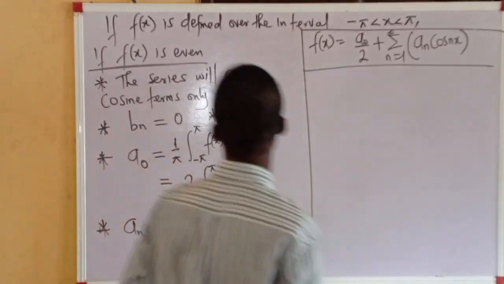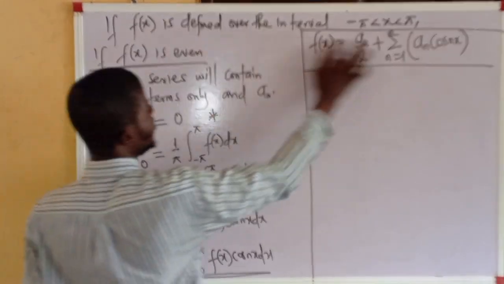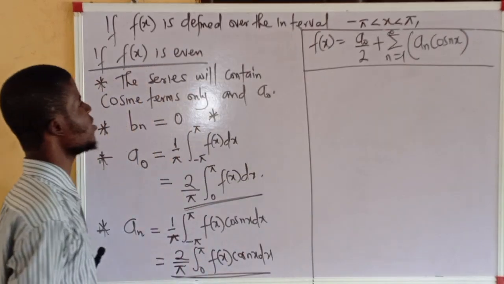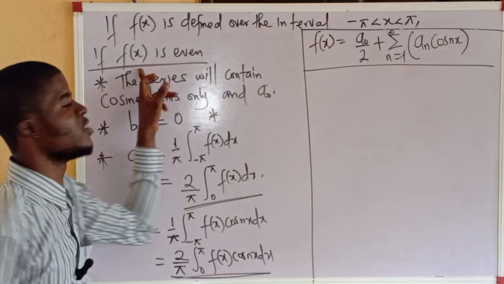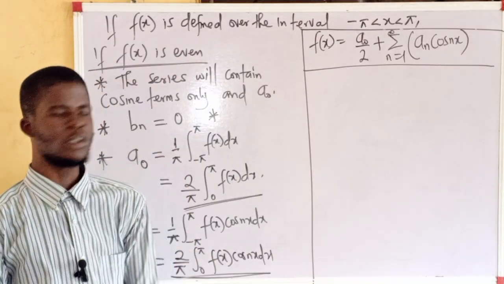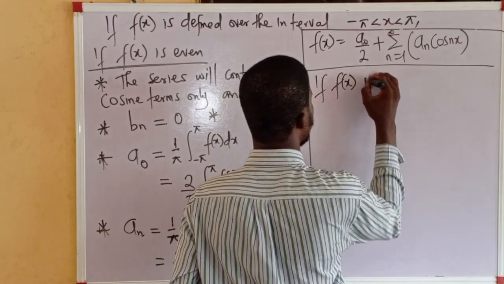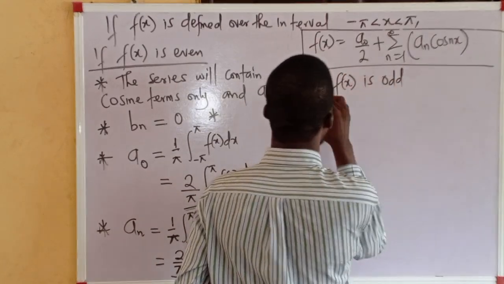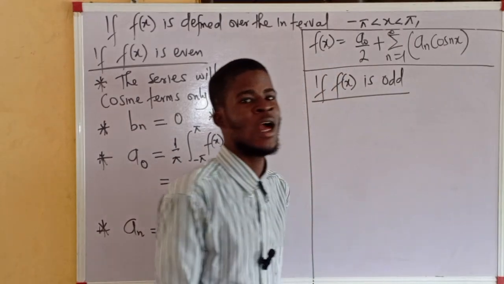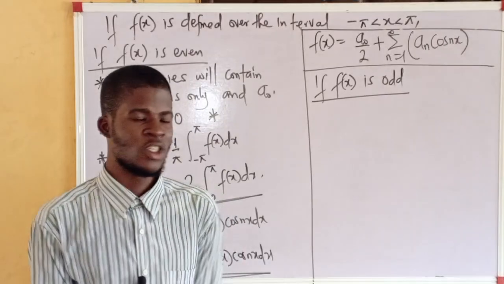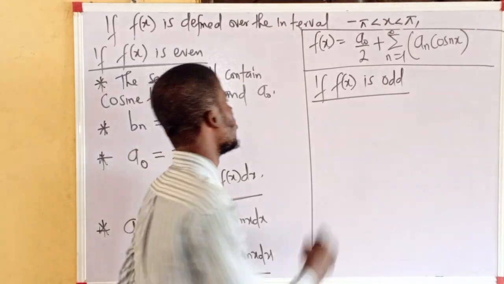Now, from this same function again that is defined over this interval, we just considered if the function is even. What if the function is odd? If f of x is odd, what are the Fourier coefficients that we'll actually need to calculate for? Some of them will be equal to 0.